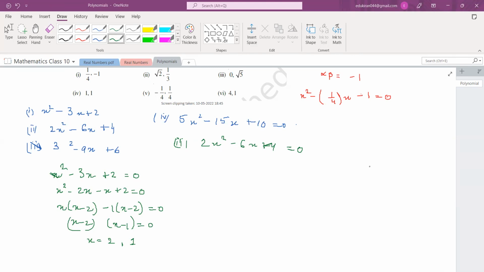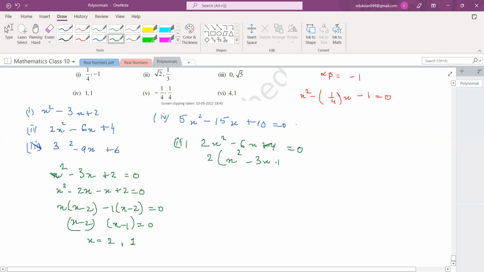So you can take this 2 outside and you will be left with x square minus 3x plus 2 is equal to 0, which is the same polynomial as the first one, isn't it? Then in the next step, you can bring this 2 to the denominator. It will just go away and it will convert into x square minus 3x plus 2 is equal to 0. So that means this polynomial will also have the same roots, same zeros, right?